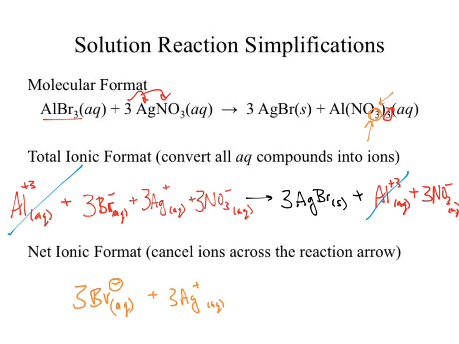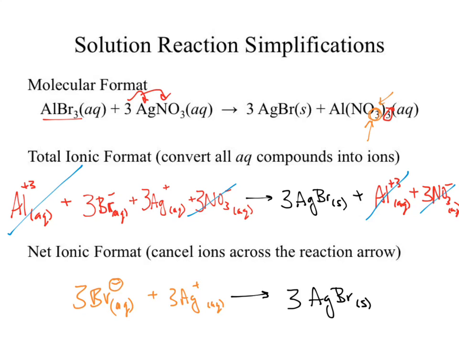Last part, nitrate. Those show up the same on both sides. And not only do the nitrates show up the same, but we have the exact same number of both, so they entirely cancel out. We've now canceled everything that we can. There's our reaction arrow. 3 silver, bromide, solid. We've now narrowed down our molecular format down to the bare minimum of what exactly had to happen for that reaction to occur.